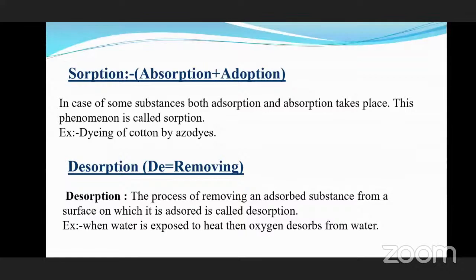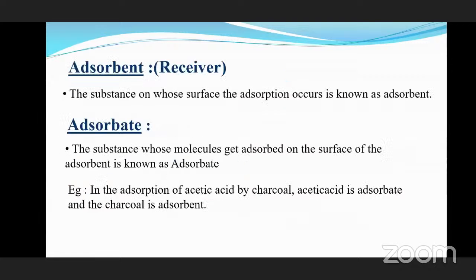Then adsorbent. It is also an important term. What is the meaning of adsorbent? The substance on whose surface the adsorption occurs is known as adsorbent.